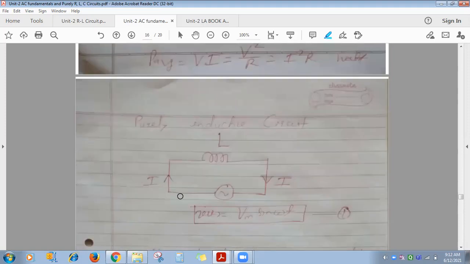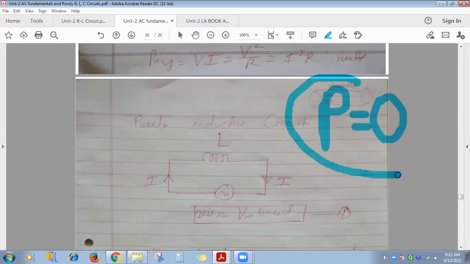So what about the power consumed by an inductor? Capital P, that is the average power, is 0. Does an inductor consume any power? It doesn't. A capacitor also does not consume any power. In series RL and series RC we will derive the formula for power.